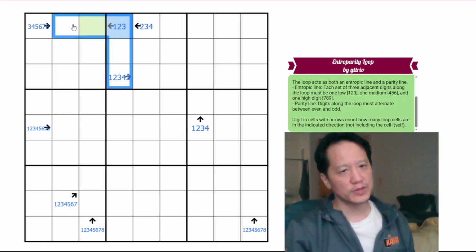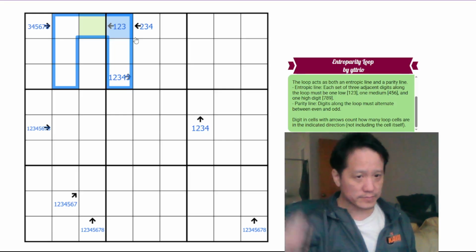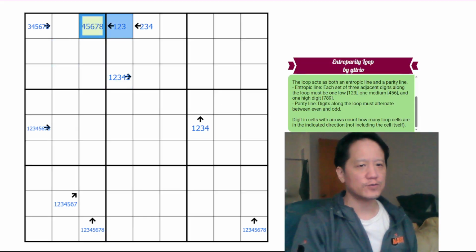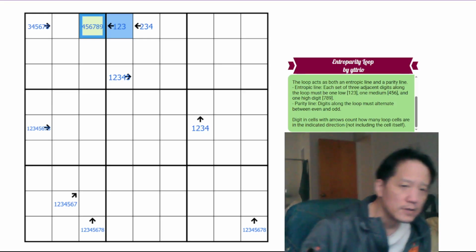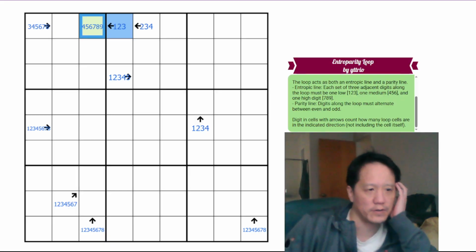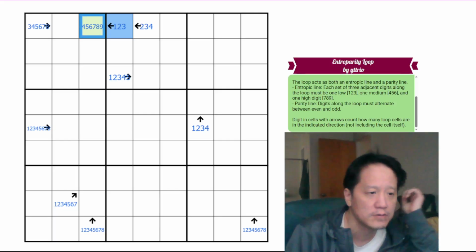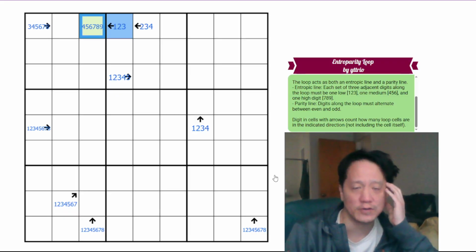But it could do something like this, right? Either way, we know this cannot be 1 through 3. It's 4 through 9 there on the loop. We don't know if it's medium or if it's high. We don't know if it's odd or even.